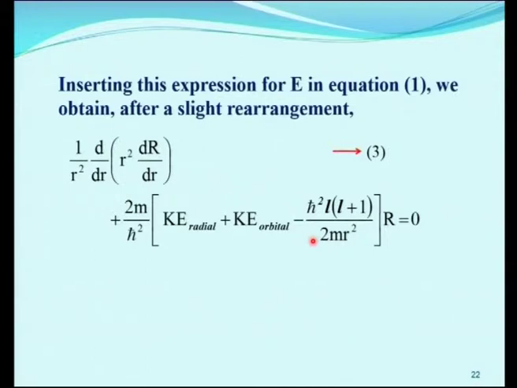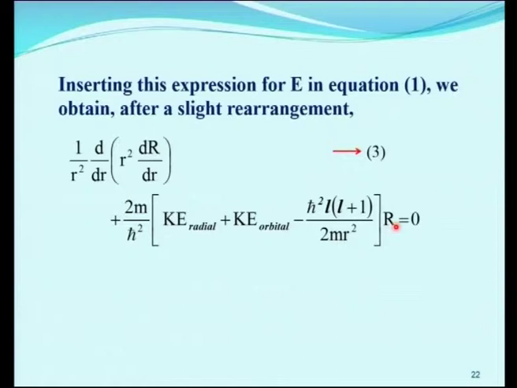Inserting this expression for energy E in equation 1, we obtain after a slight rearrangement: (1/r²) d/dr (r² dR/dr) + (2m/ħ²)[KE radial + KE orbital − ħ²L(L+1)/(2mr²)] R = 0. If the last two terms in the square brackets of this equation cancel each other, what will happen?